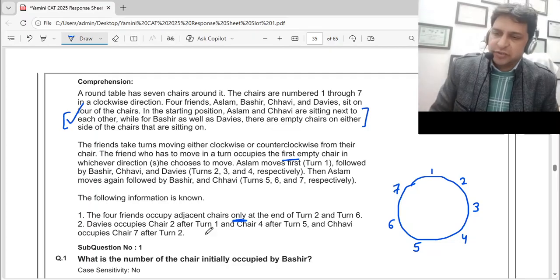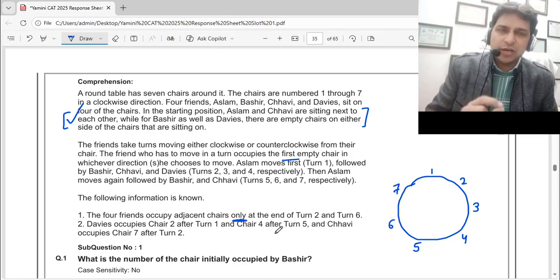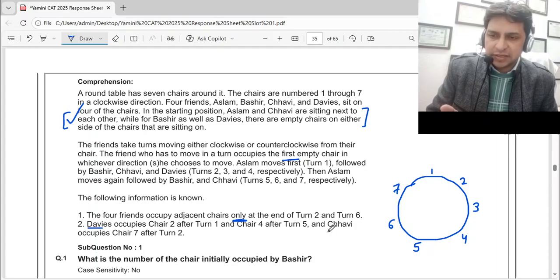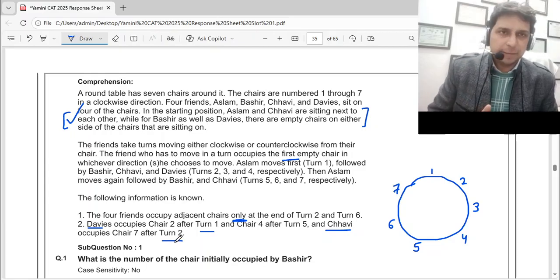Davies occupies chair 2 after turn 1 and chair 4 after turn 5, and Chhavi occupies chair 7 after turn 2. Now, important information. The first turn only one person moves, that is A. Second turn B moves. Then Davies, D and Chhavi C after turn 1 and turn 2. That means they are at the same position where they were in the beginning.